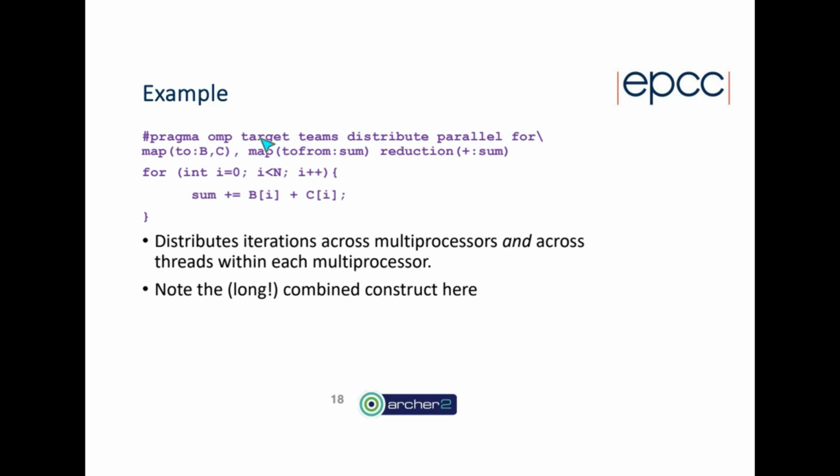Just to remind you what all the different bits do: the target does the offload, the teams creates multiple master threads, the distribute distributes the loop iterations across those master threads, the parallel creates a team of threads from all of those master threads, and the for distributes the loop iterations from that master thread across all the threads in the parallel region. So we end up with this rather crazy construct just to offload a loop to a GPU.